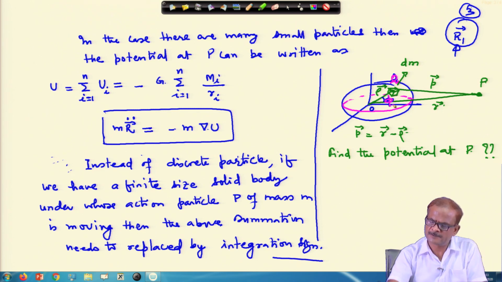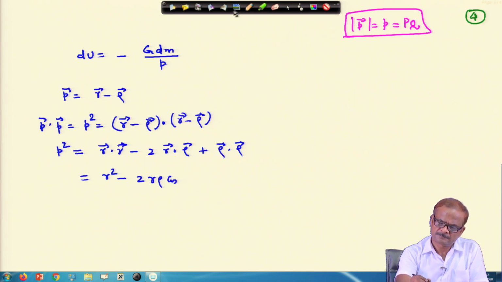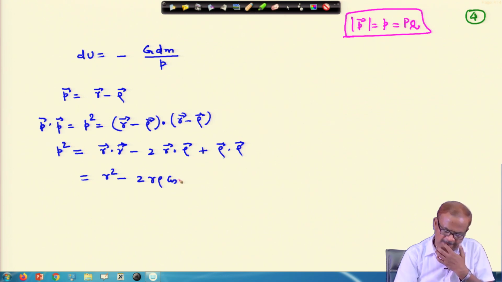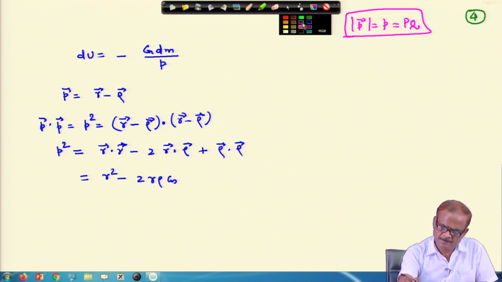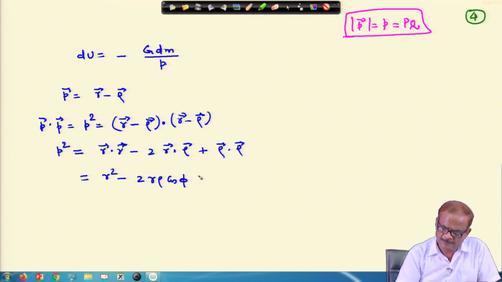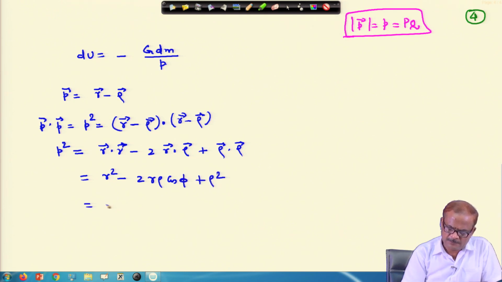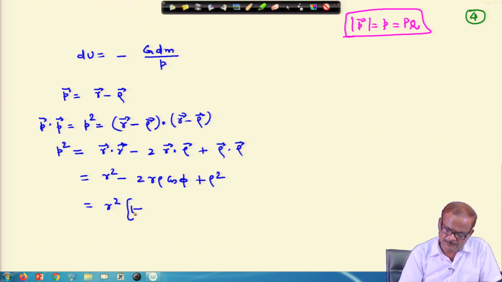This angle is phi here. So, plus rho squared, and if we take r squared common, this will be 1 minus 2 rho by r cos phi.